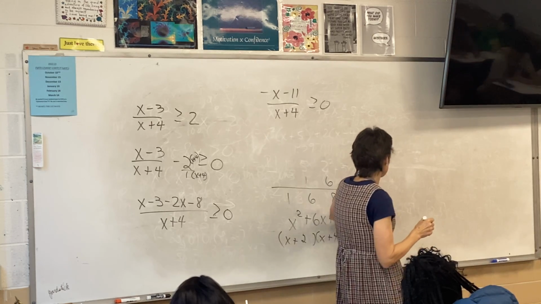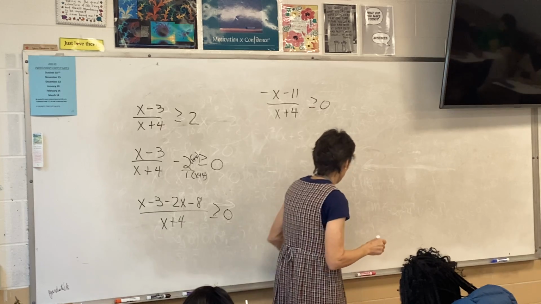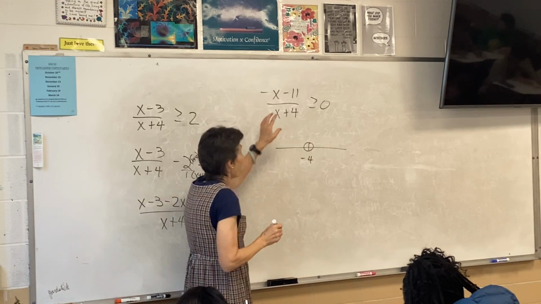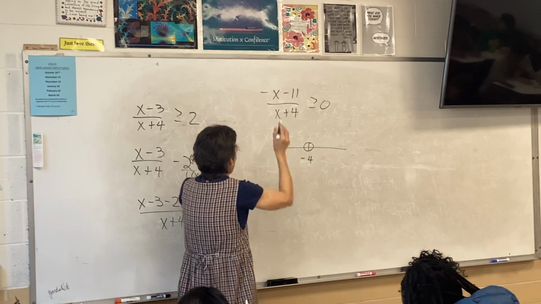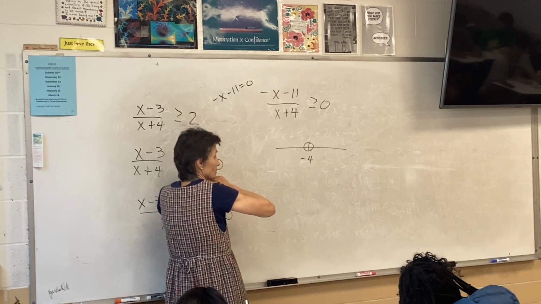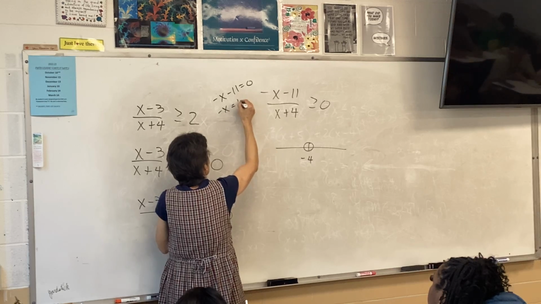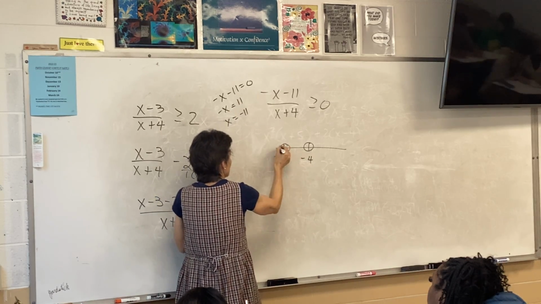Now, I know I'm going to have 2 dots on my number line, and one of them is going to be at negative 4. That's easy. I always get confused with all those negatives up there. So I will over to the side actually work it out. Set it equal to 0 and solve it. So it looks like that other dot is at negative 11.